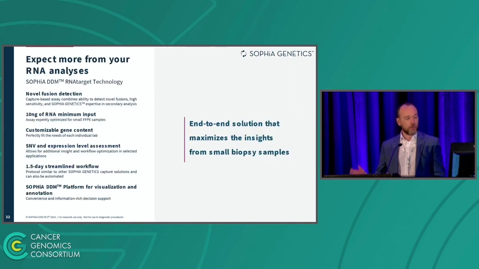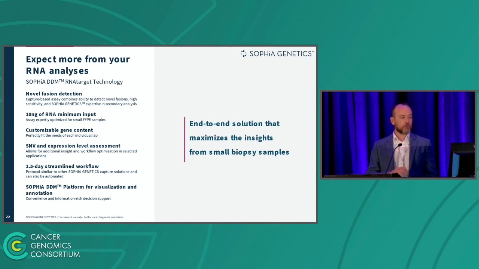I wanted to mention that this was at the top of the agenda when we were developing the product. How do we provide the labs with the benefit of novel fusion detection, which is becoming more and more essential in the current day and age, but also being able to work with very small samples, for example, lung biopsies, where you've got very tiny samples and you want to do a lot of assays on them.